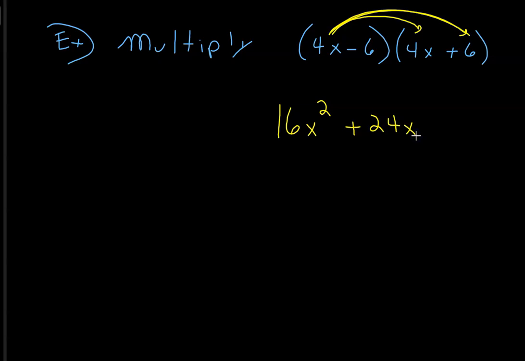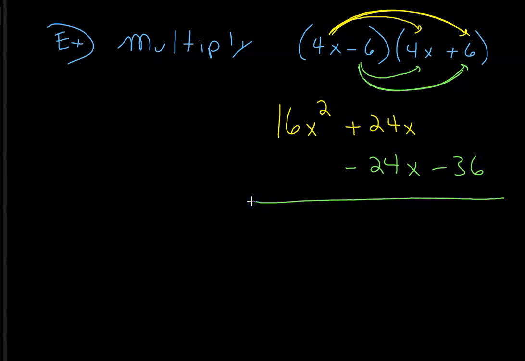And then we distribute the second one. So negative 6 times 4x and negative 6 times 6. And negative 6 times 4x should be a negative 24x. And negative 6 times positive 6 should be negative 36.